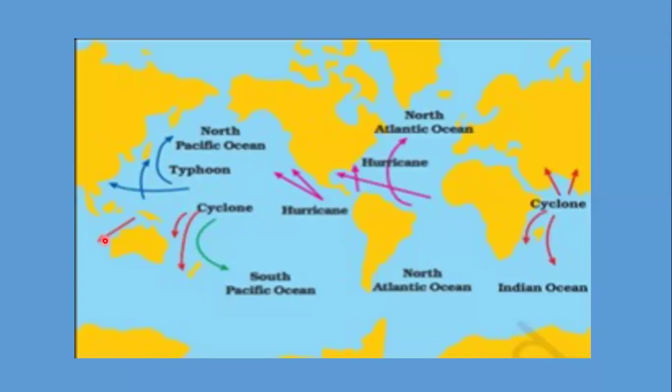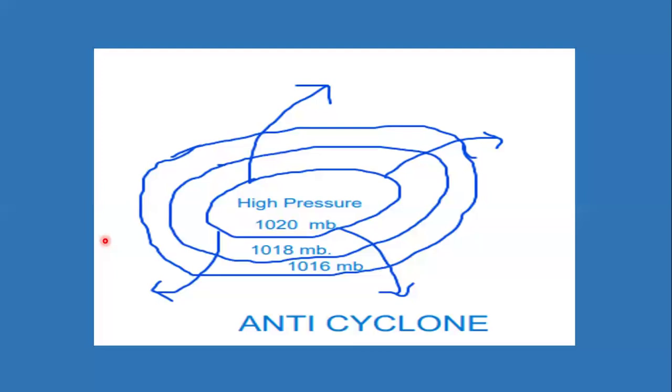Another condition of the atmosphere is known as anticyclone. As the name indicates, this condition is the opposite of a cyclone. Here, a high pressure area develops.